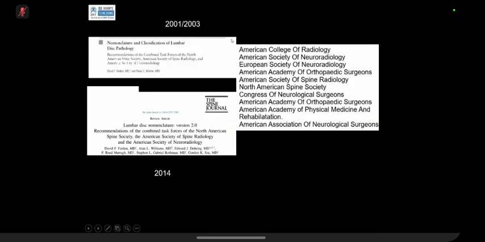Now, the nomenclature and classification of lumbar disc pathology, there is too much controversy because various people use various kinds of nomenclature. I recommend that you look at the nomenclature and classification of lumbar disc pathology, initially published in 2001, 2003 in AJNR and other journals.